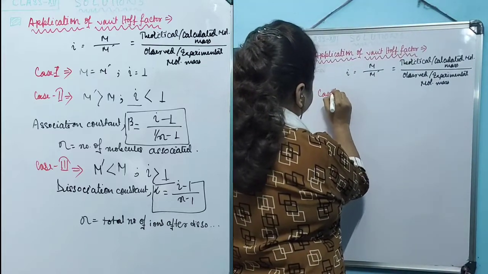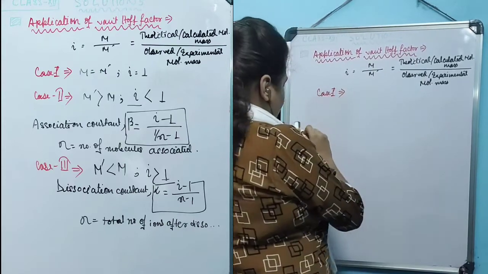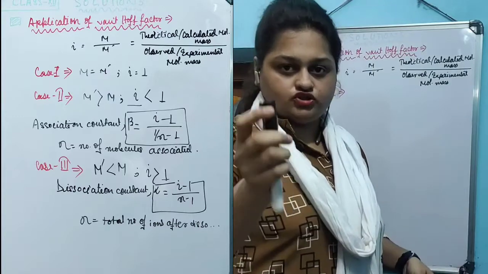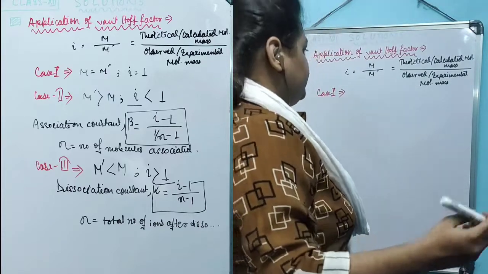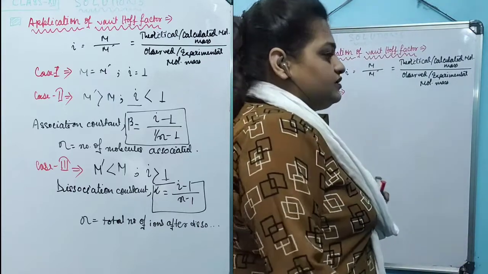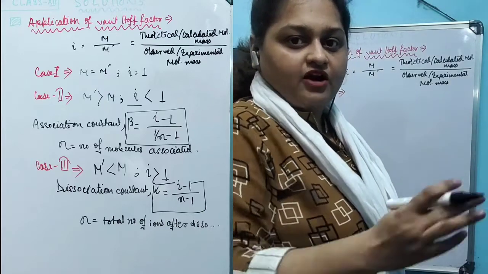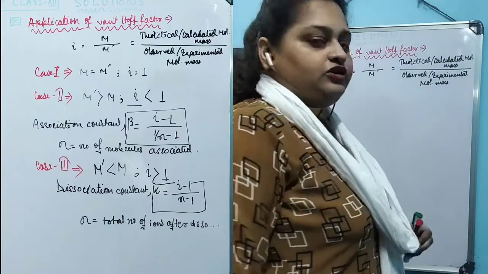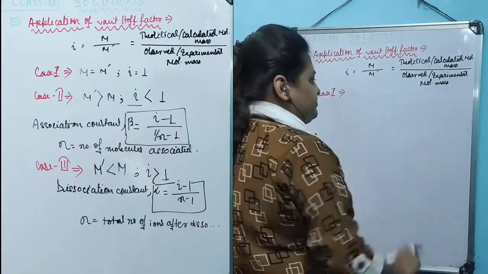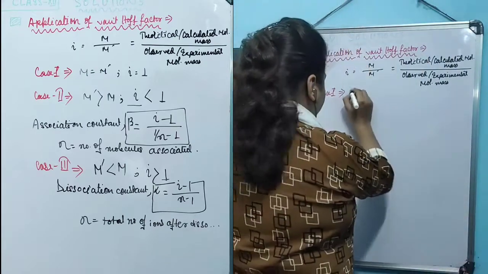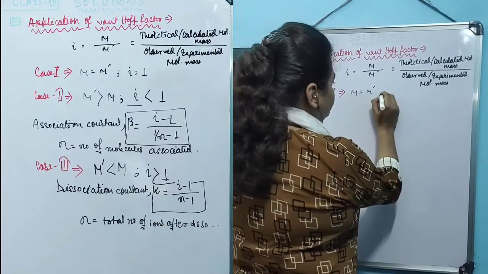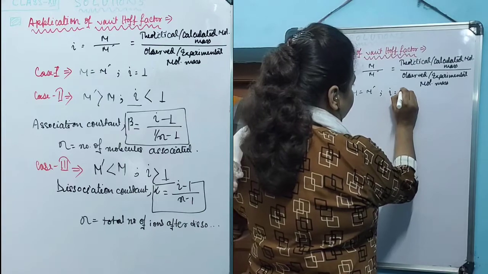Case 1: if no association or dissociation occurs in the solution, then the molecular mass before the mixing and after the mixing will remain the same. That is, the theoretical or calculated molecular mass and the observed or experimental molecular mass will be equal, that is M will be equal to M prime. Therefore, we will get i equal to 1.